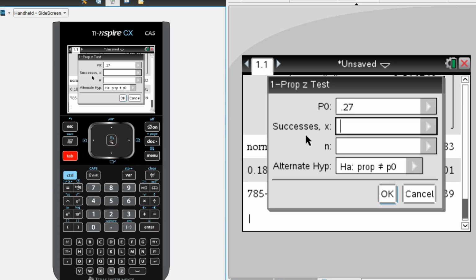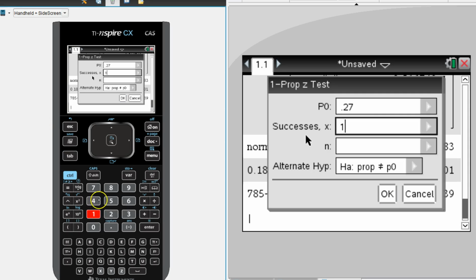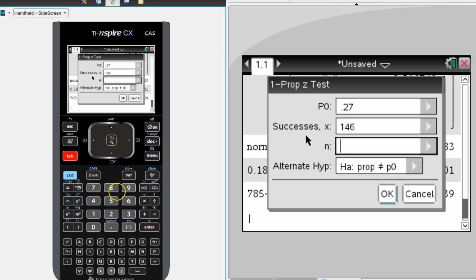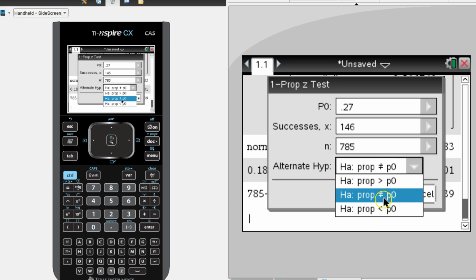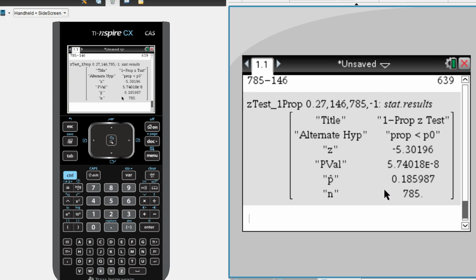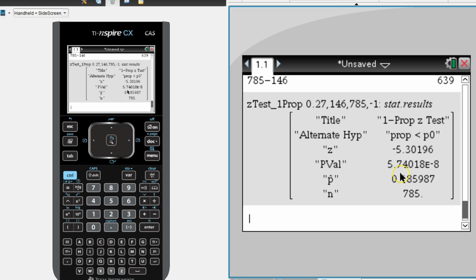We found 146 successes out of 785. And we're trying to prove that that was significantly less. What do I write down? Z is negative 5.3. P-value should be pretty low.